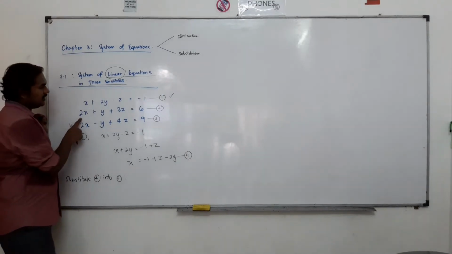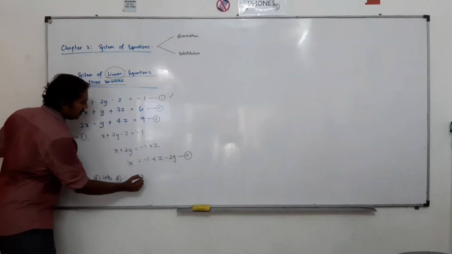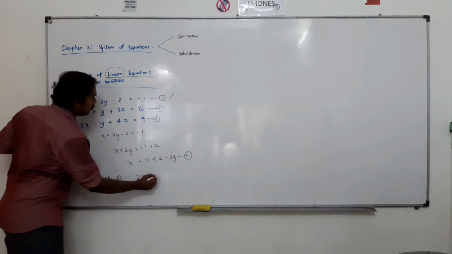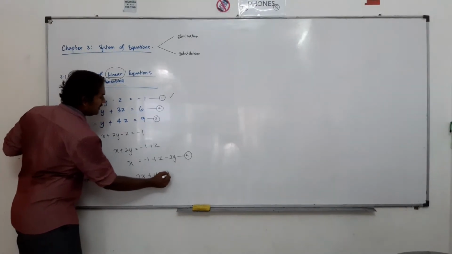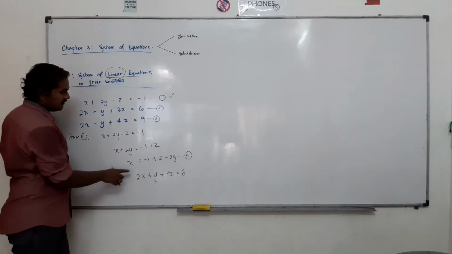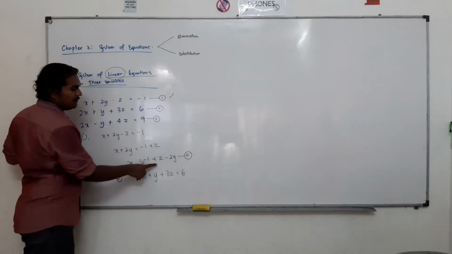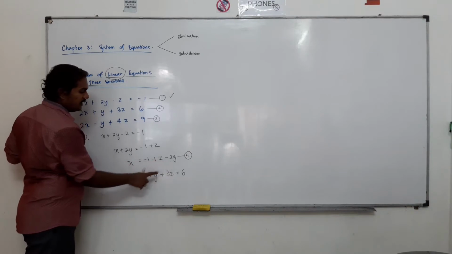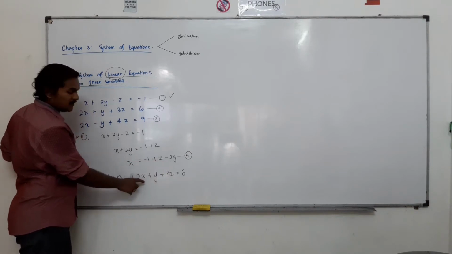Equation number 2 is 2x plus y plus 3z equals 6. We substitute x equals negative 1 plus z minus 2y in the place of x.